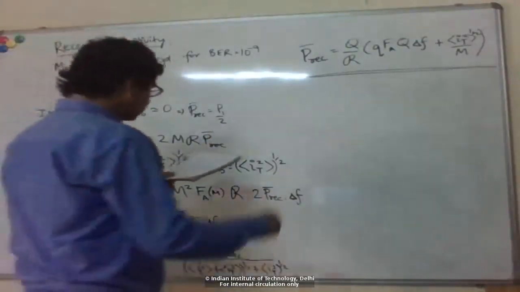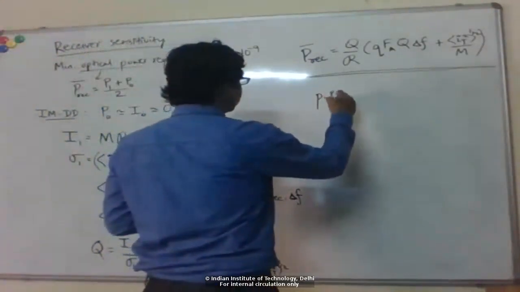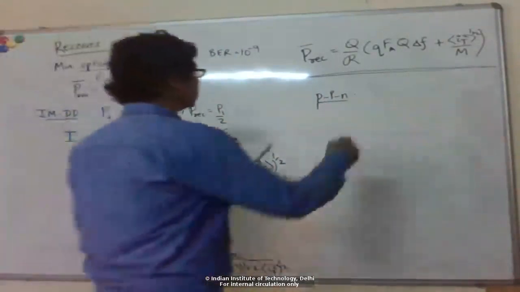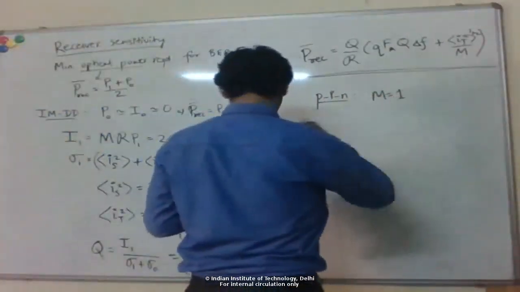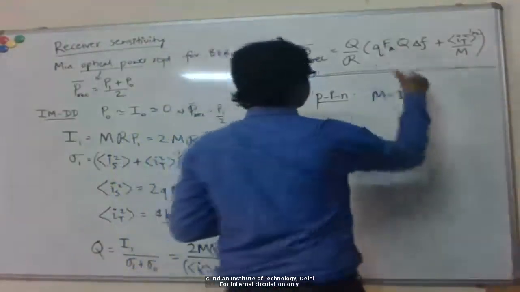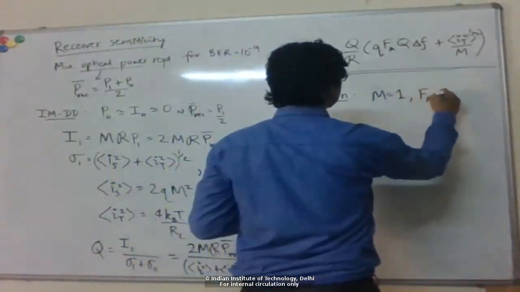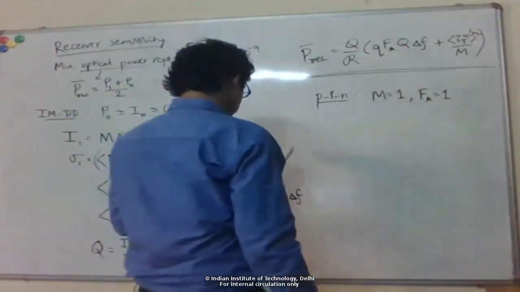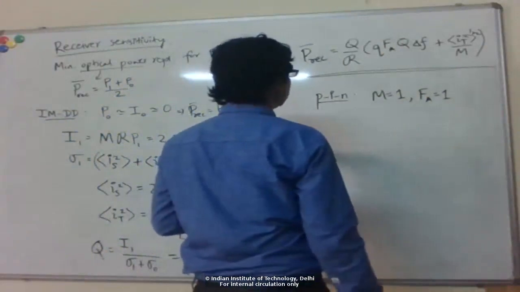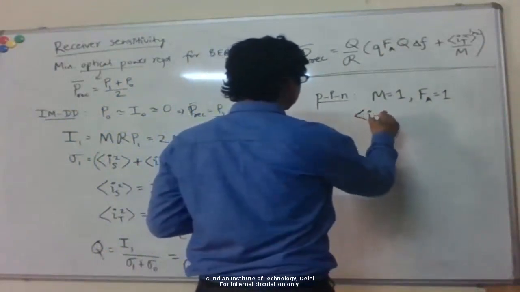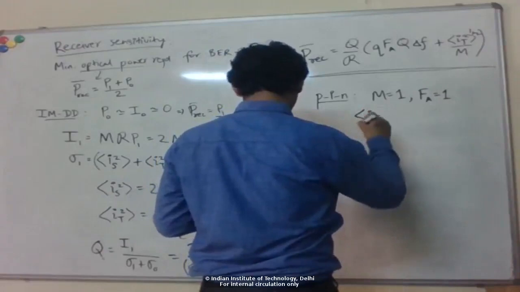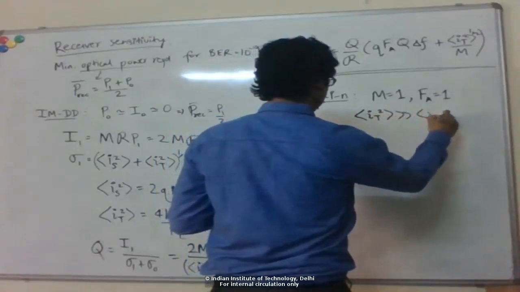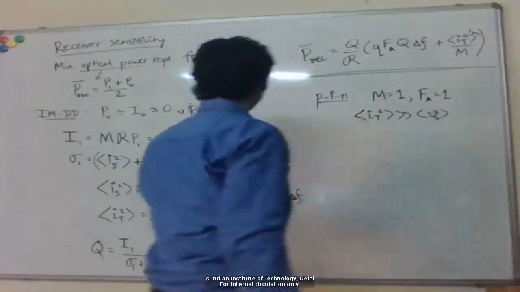So let's look at this for the PIN and APD receivers now and compare. For the PIN photodetector, M is equal to 1, right? This F_A, the excess noise factor, is also equal to 1. Typically the thermal noise current will be bigger than the shot noise current, because M is 1.